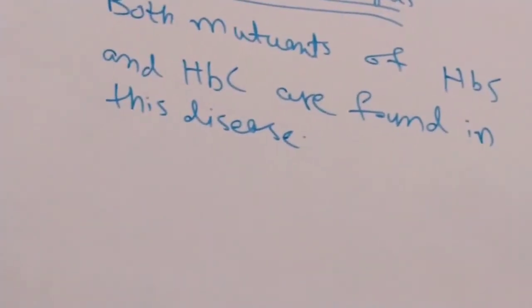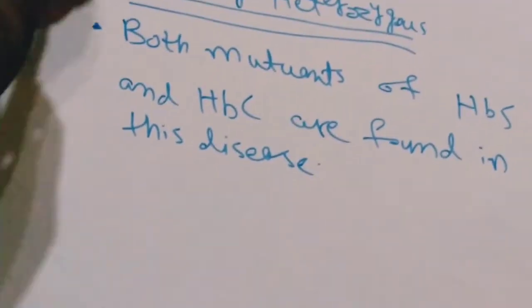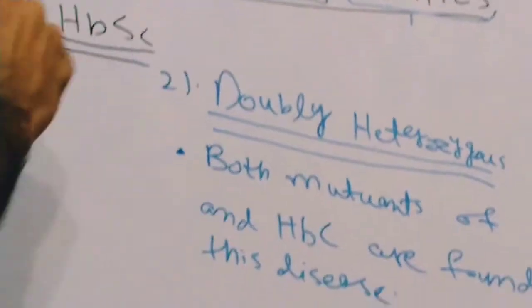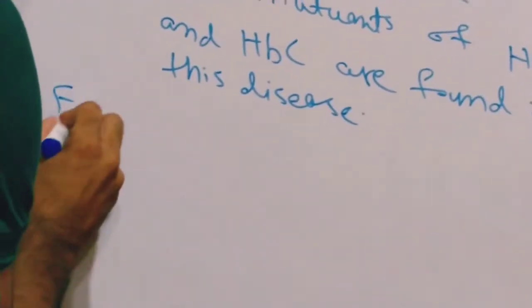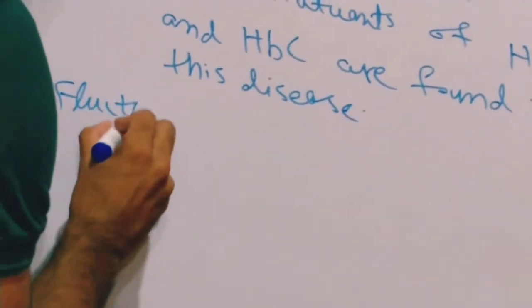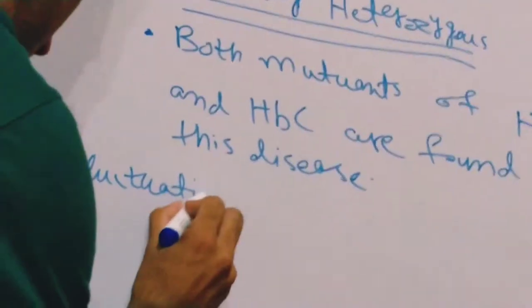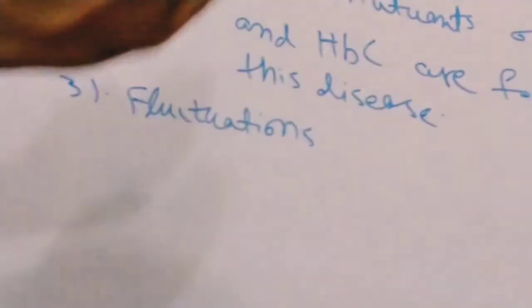Now this was the second point. Now moving on to the third point. In this disease, fluctuations in the hemoglobin levels occur.